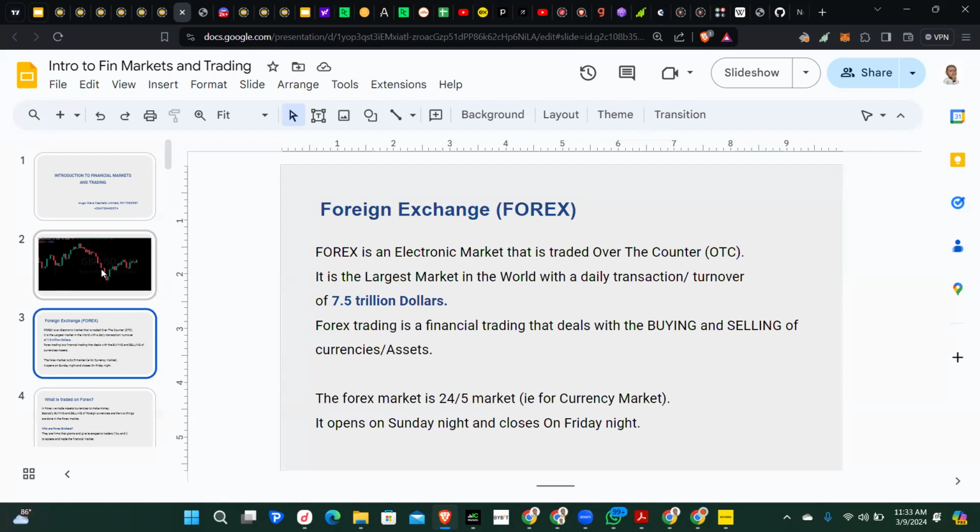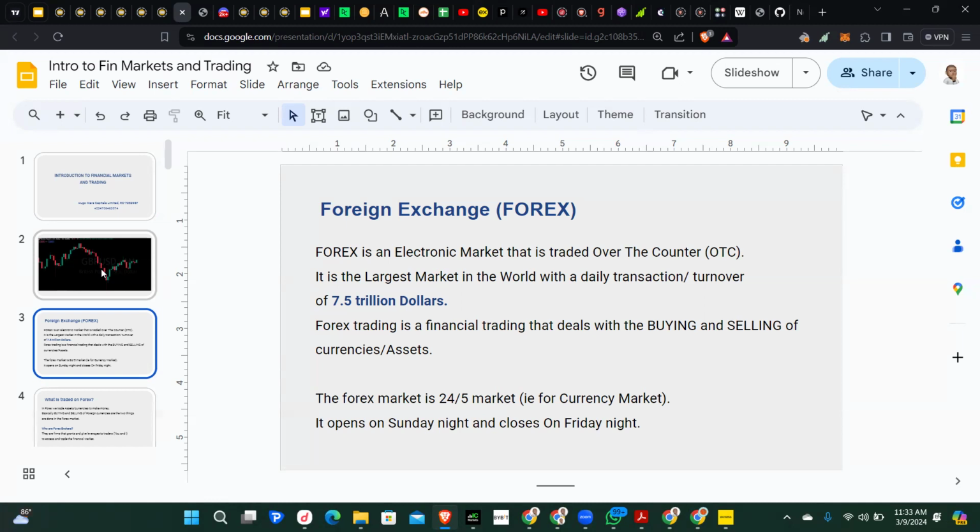For the currency markets, which is what we will primarily be focusing on for a start, it is a 24/5 market. 24/5 means that it operates 24 hours a day and 5 days in a week. So the Forex market, or the currency market, opens on Sunday nights, that is, if you are in Nigeria, it's going to be Sunday nights, and closes on Friday nights.